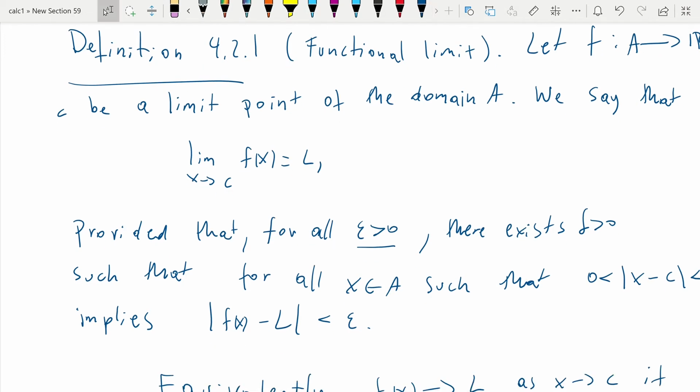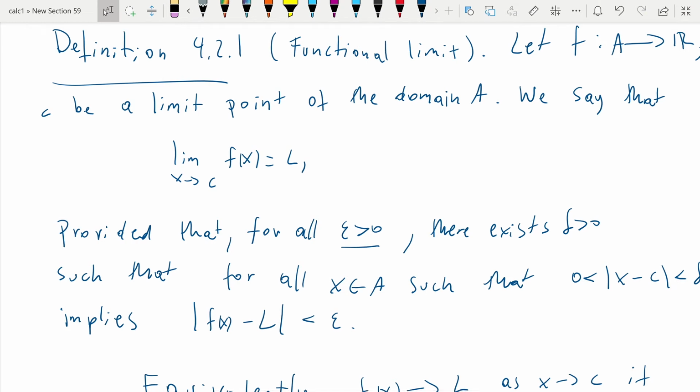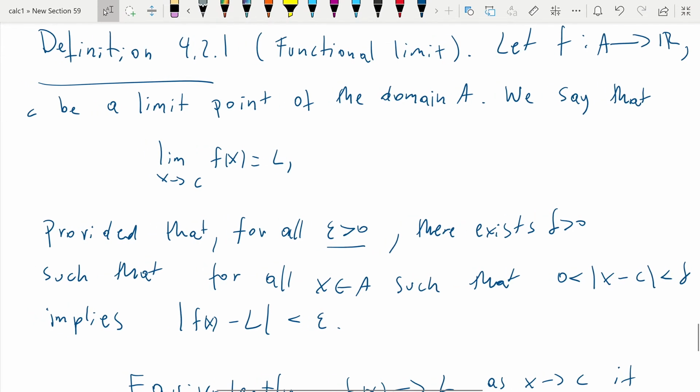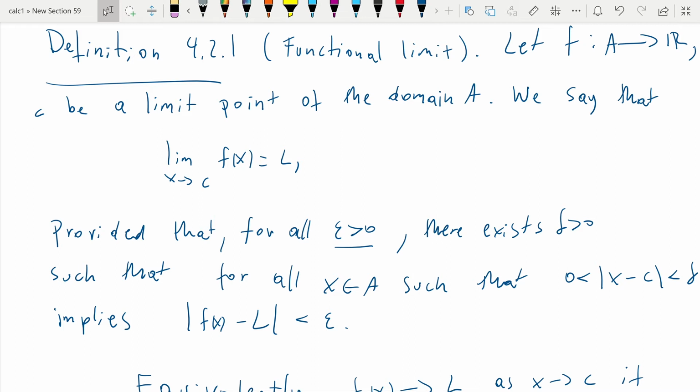So c being a limit point is necessary because we want to be able to approach the point c. Actually, the set A does not need to be closed, so in particular, c does not need to be an element in A. If you recall from Calc 1, this corresponds to situations where you have, say, an open interval and you want to talk about the limit of f of x as x approaches one of the endpoints of this open interval.